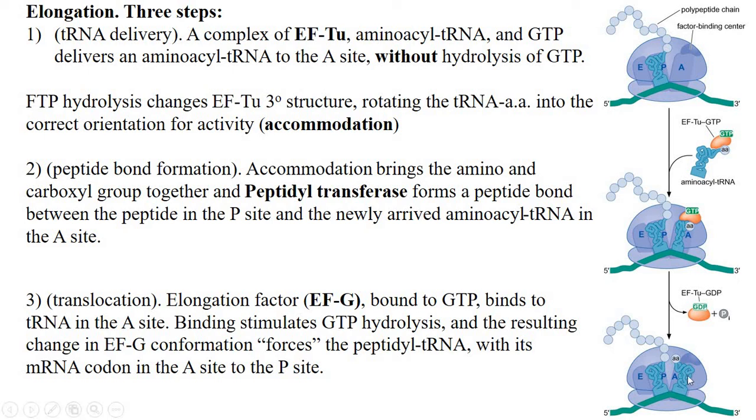This GTP hydrolysis will then push this peptide into the exit, so the tRNA exits the ribosome, and pushes this tRNA into the P site of the ribosome. So now the A site is available again for the next tRNA to come and bind to bring the next amino acid. So that's elongation. Keep in mind accommodation, because we will be talking about accommodation in the next few slides.